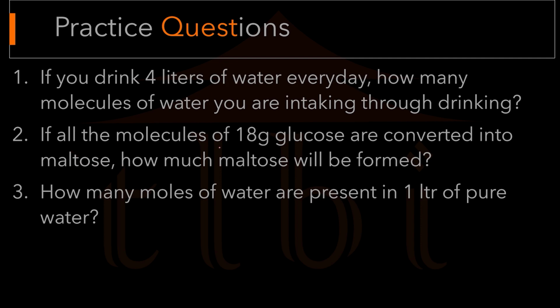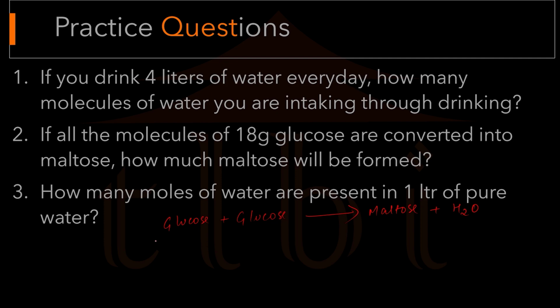If all the molecules of 18 gram of glucose are converted into maltose, how many maltose will be formed? Now let me give you some idea. So 2 glucose molecules add up, and they form maltose and 1 molecule of water, right?